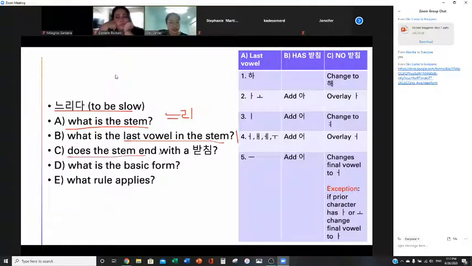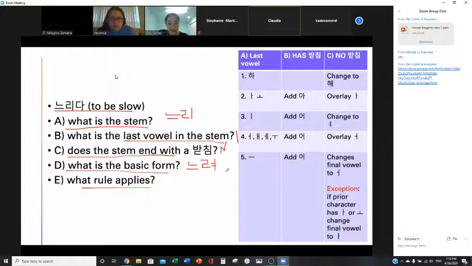So does the stem end with a pachim? No, right? What is the basic form then? You can use the chart. 느려. Perfect. 느려. What rule applies? 3. 3.